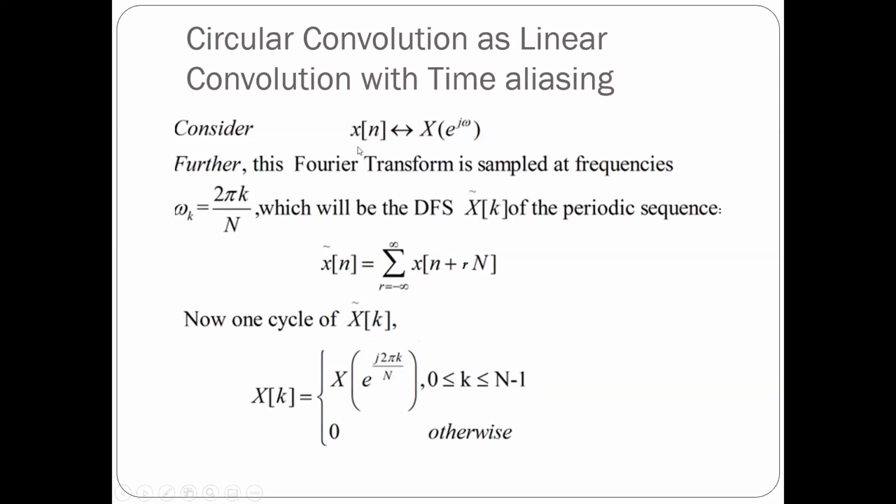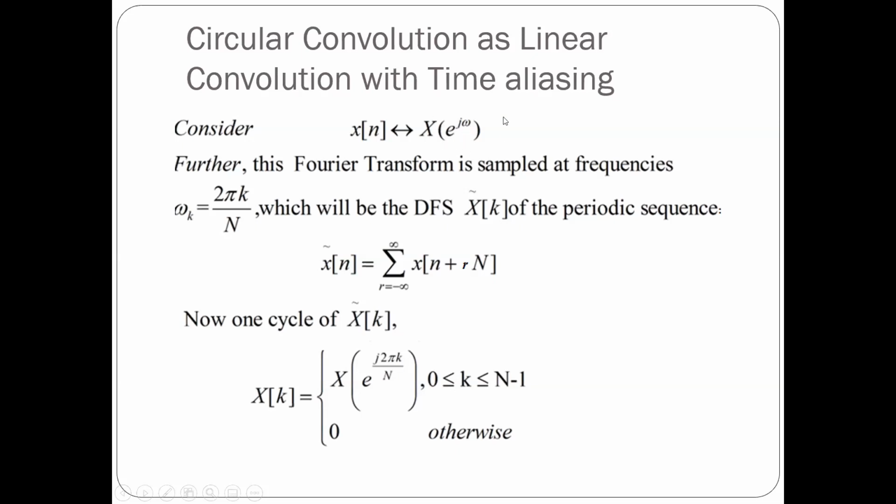So we'll go back to this again. X of n is a finite duration sequence. This has got a DTFT X of e power j omega. And you had also discussed that we represent the DTFT as X of e raised to j omega to indicate that this omega is a periodic frequency. That's a discrete frequency is periodic.